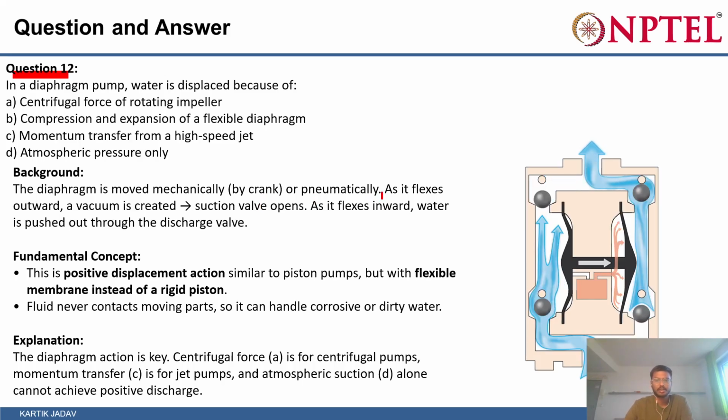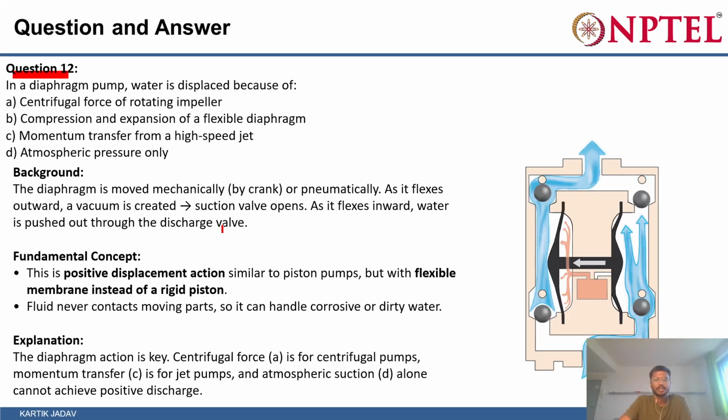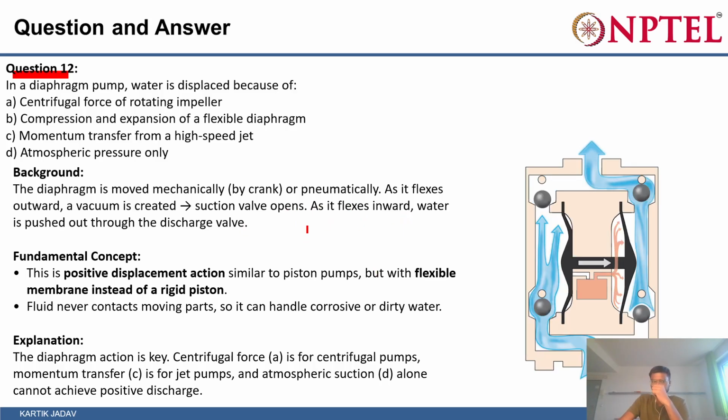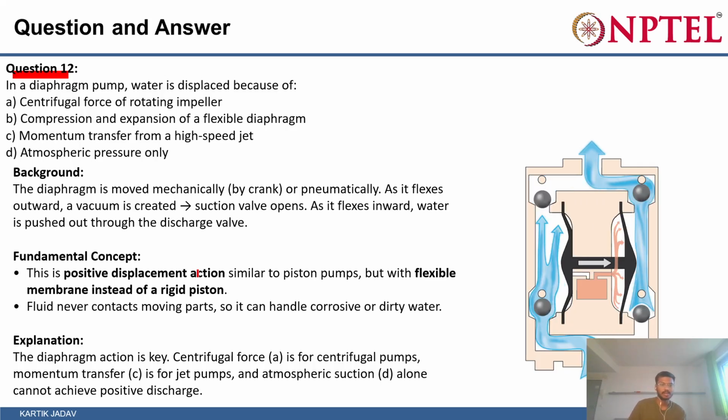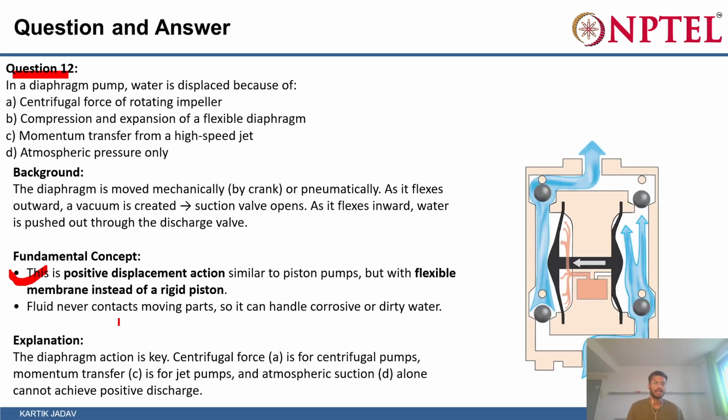As it flexes outward, vacuum is created, the suction valve opens, and as it flexes inward, water is pushed out through the discharge valve. This is the positive displacement action, similar to a piston pump but with a flexible membrane instead of a rigid piston. Fluid never contacts moving parts, so it can handle corrosive or dirty water.